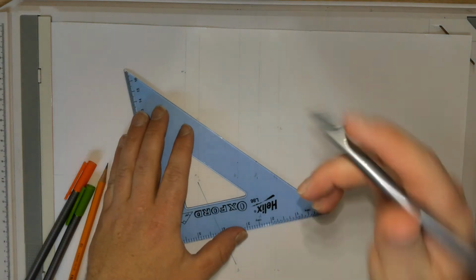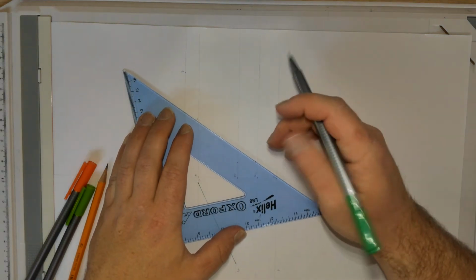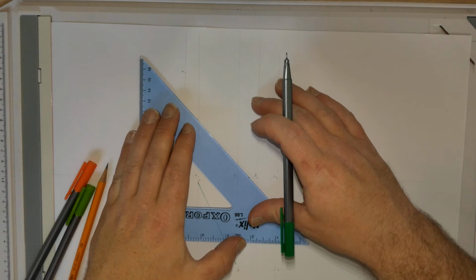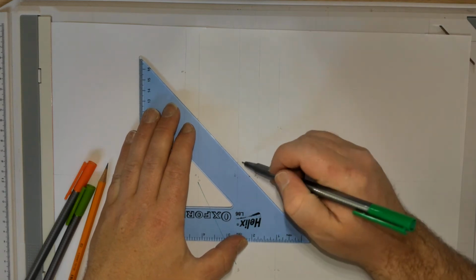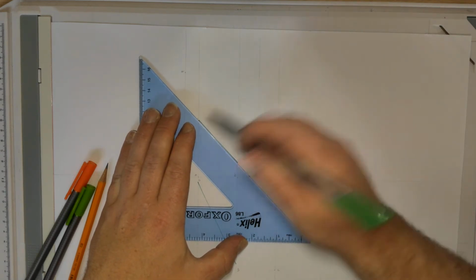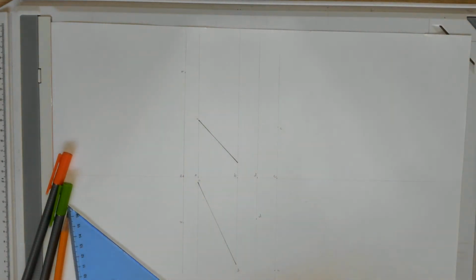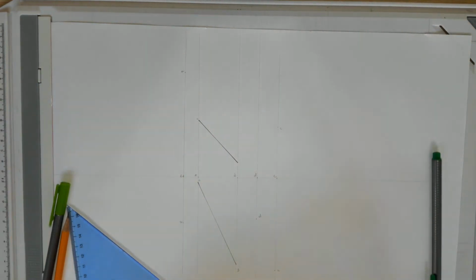I'll do the same in elevation. And then I'll just pick orange for my AEB or ABE here.